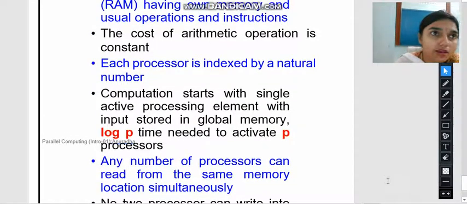Each processor is indexed by a natural number, so that it is easy to identify which processors are currently executing. The computation starts with a single active processing element with the input stored in the global memory. Log p time is needed to activate p processors.